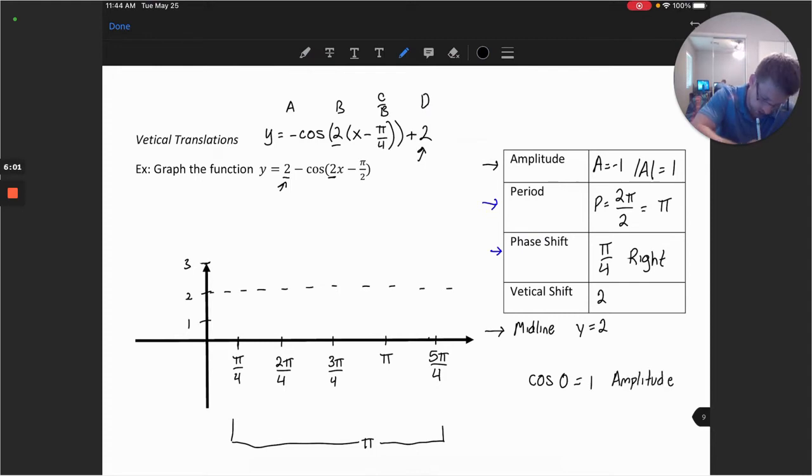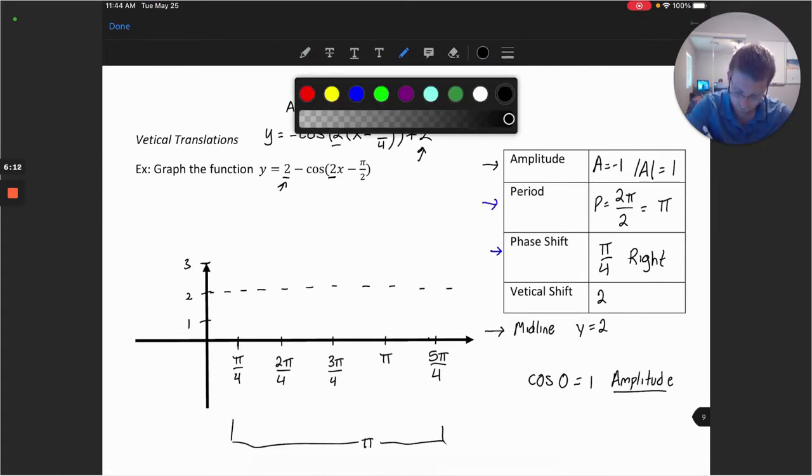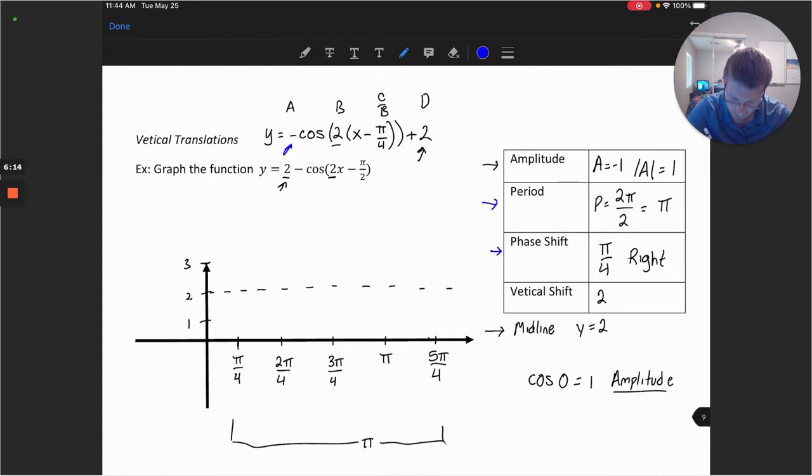So we want to start at our amplitude for our cosine function. One thing to be careful about here is that this is a negative cosine. And so when we have a negative cosine here, we want to start at -1 instead of +1. And for us, that would be at the minimum value, which we know is going to be 1.